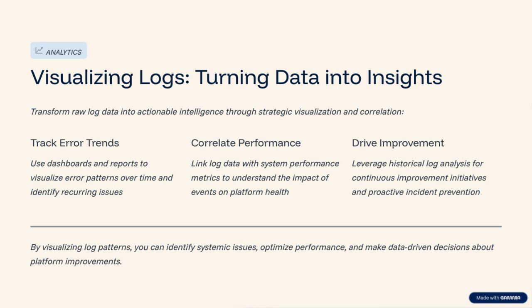This helps us identify recurring issues, so we can address them more effectively and improve stability. Ultimately, transforming raw log data into actionable intelligence, by strategically visualizing and correlating it, enables us to gain meaningful insights. Turning data into insights is essential for continuous improvement and maintaining a resilient platform.